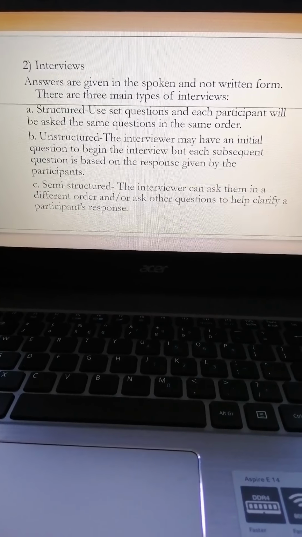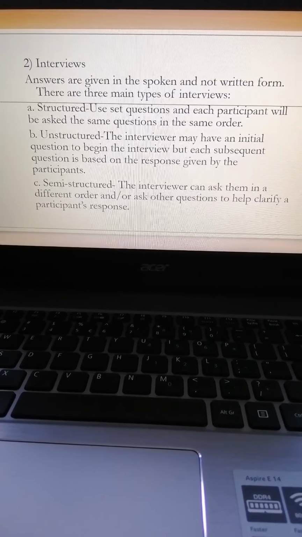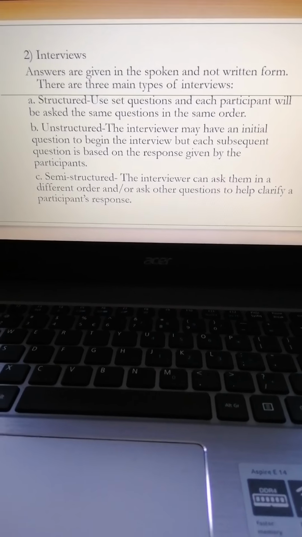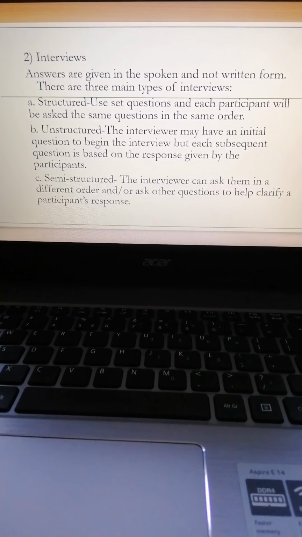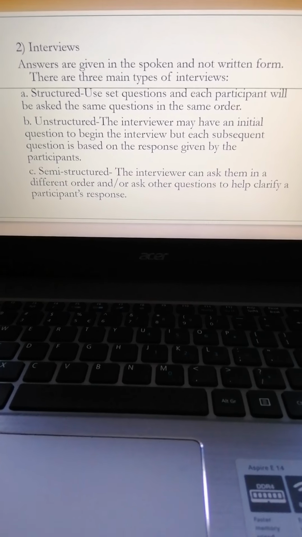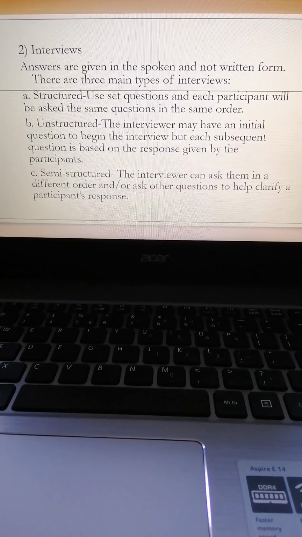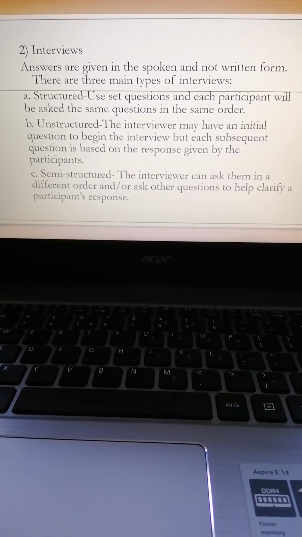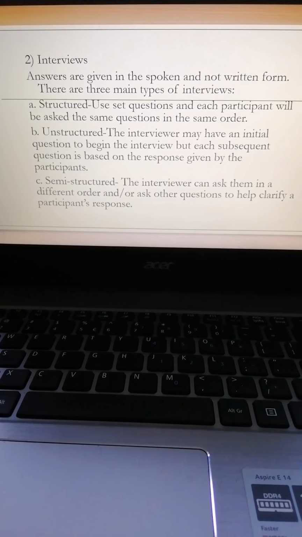And from there, I'm expecting some response from my respondents or participants. For example, the participant may answer they're more into visual learning. So from the answer, I will ask a further question like, what kind of visual learning are you talking about? Please explain. So that is what is meant by unstructured interview.